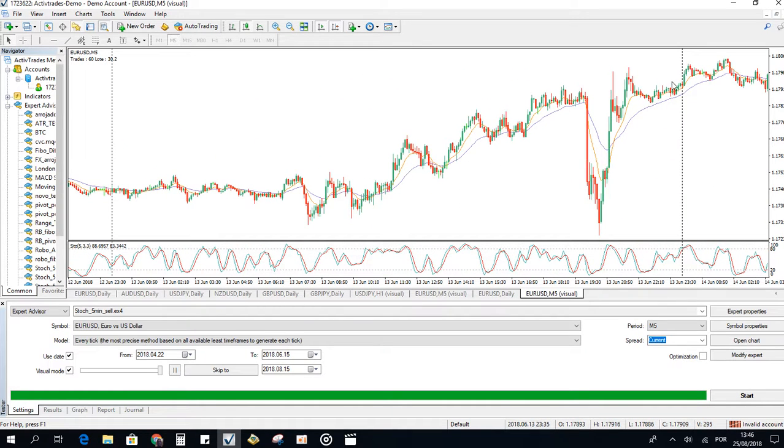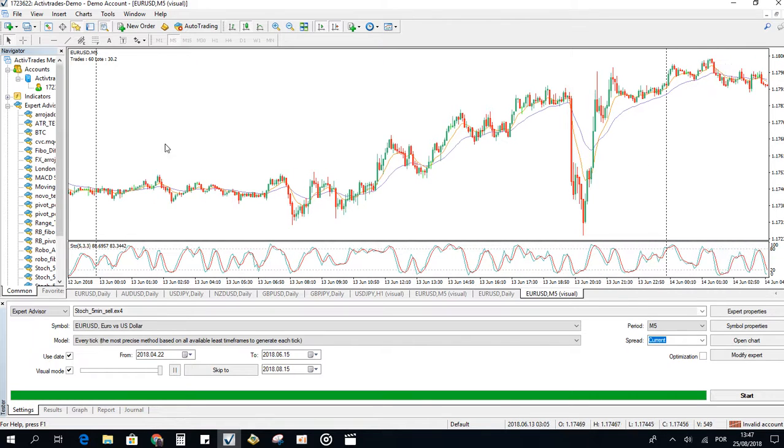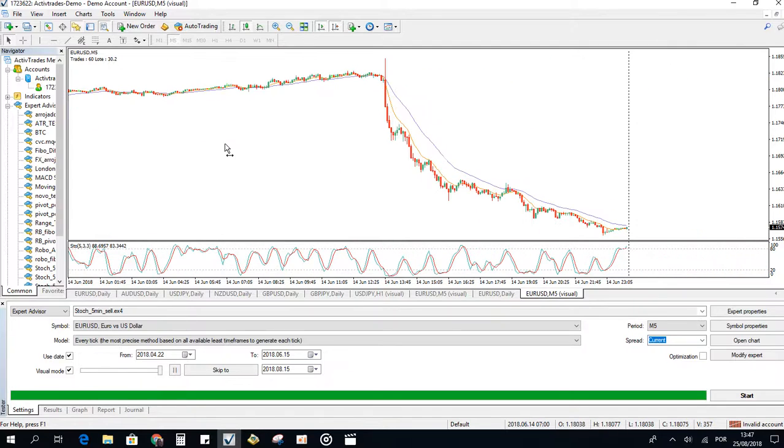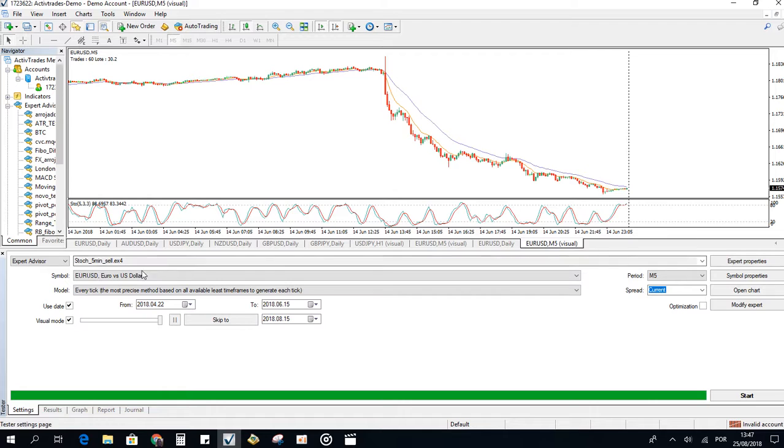Every time you see these dashed black lines, it is a day division, start and end. Okay, let's see how this session went.